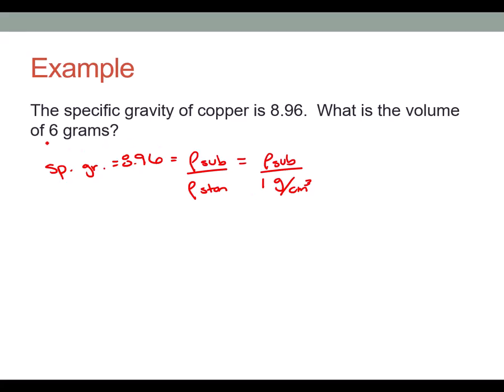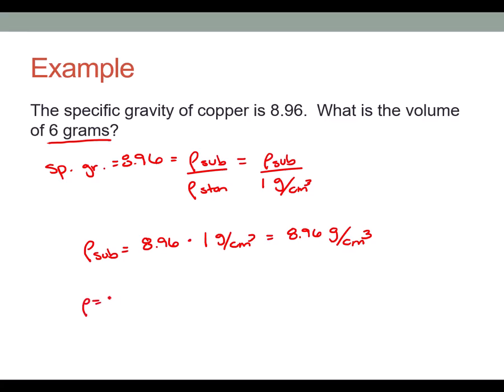I chose that version of the standard units because I know my number up here is in grams, so it makes sense to match my units. Rearranging, I can write that the density of the substance is going to be the specific gravity, 8.96, times the density of the standard, 1 gram per centimeter cubed. So that gives my copper density at 8.96 grams per centimeter cubed. Thus why that standard is chosen. It makes it very easy.